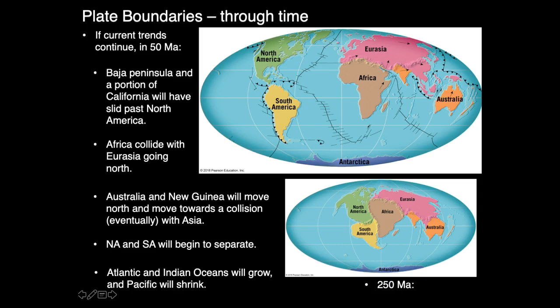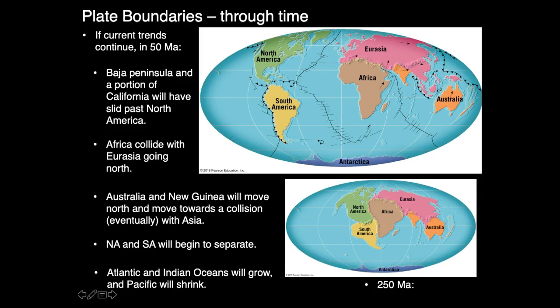And if you think about it, in about 60 million years or so, that southern bit of California and the Baja Peninsula will begin to collide with the Aleutian Islands in Alaska. So the motion of the Pacific Plate being subducted by the North American Plate and the Eurasian Plate is fairly fast for this to occur in 60 million years.